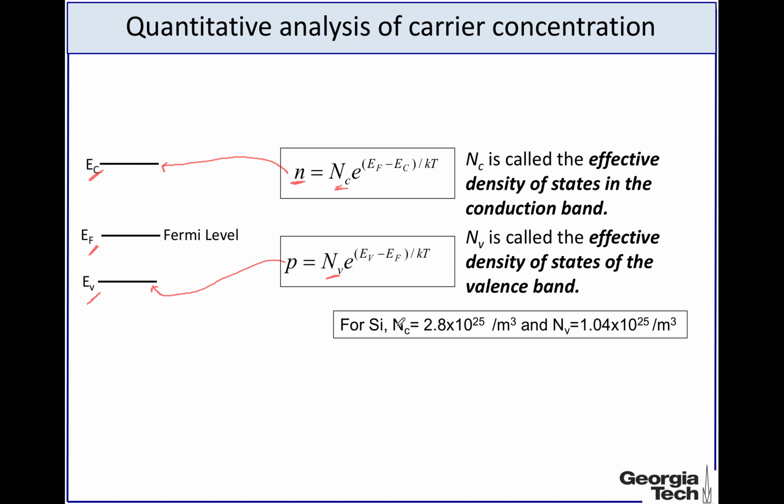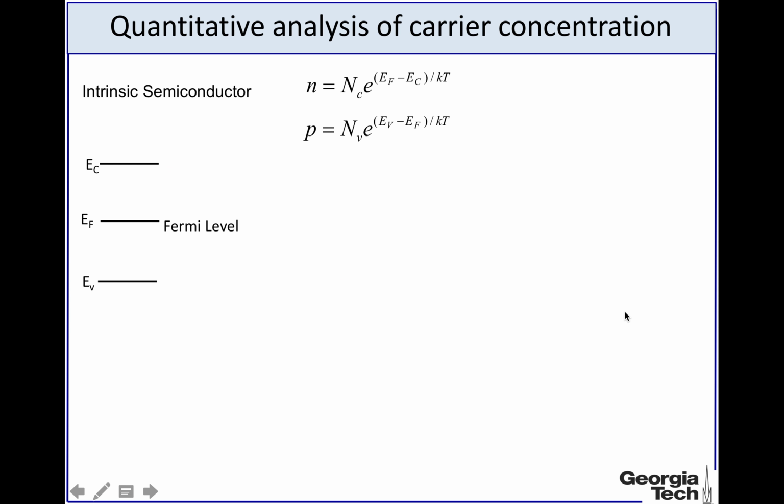And for silicon the values of Nc and Nv are these numbers. Alright, so let's think about an intrinsic semiconductor, and first let's figure out where the Fermi level is for an intrinsic semiconductor.